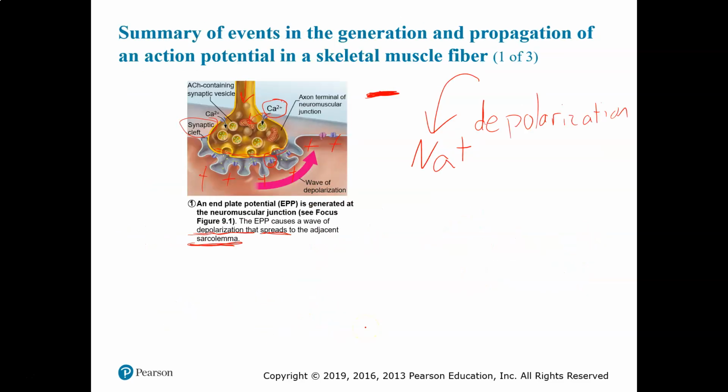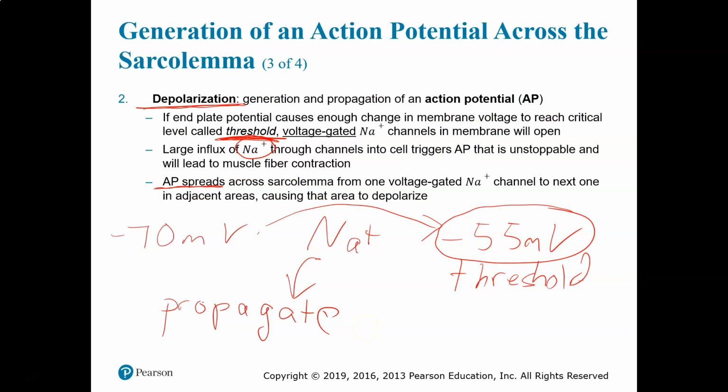Propagate and spread are pretty much the same thing. Propagate just means that the depolarization moves from one voltage gated sodium channel to the next one beside it. Okay, so it spreads.